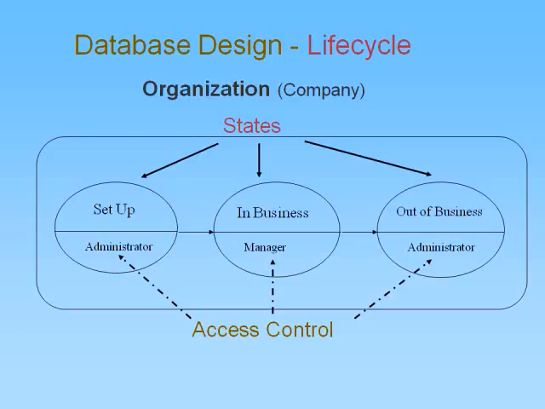Then we restrict the access to each state of the life cycle to certain roles such as administrator or manager. When instantiating an entity object such as a company XYZ, it is created at the setup state. An administrator user can move it to in-business state so that user manager can have access to it.